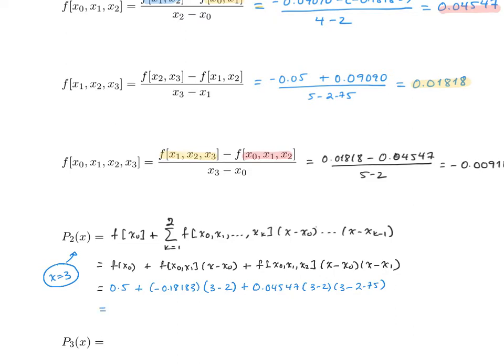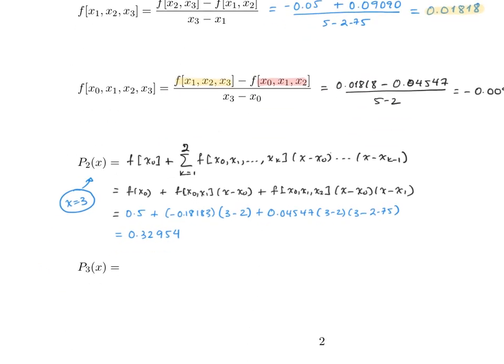Then once you simplify everything, and you should check this, it is 0.32954, which is exactly the same thing we got in the previous sections. So you should definitely check this. There is no accident that this is exactly the same value that we got in the previous two sections, because remember this is the polynomial that matches the function at these specific points x0, x1, and x2. So that's why the answer is the same.